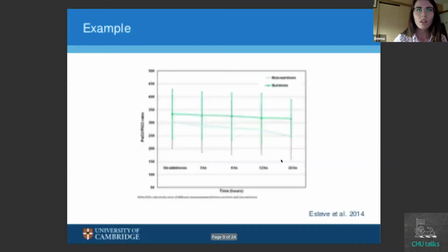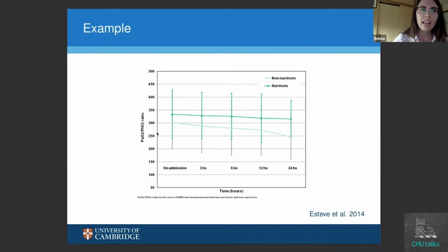So one example of this is, again, relevant to respiratory patients. So two original features could be the PaO2 here, this is the blood glucose level. No, sorry, the blood oxygen level. And FiO2, this is the amount of oxygen that the patient is breathing in.